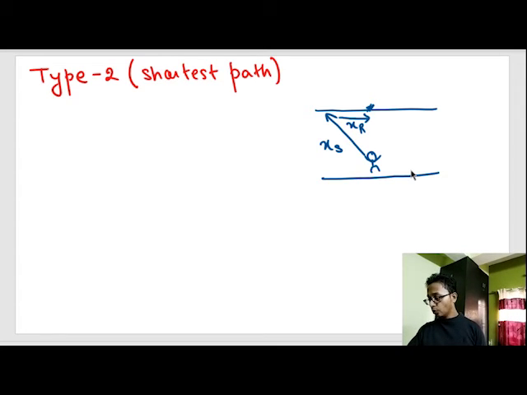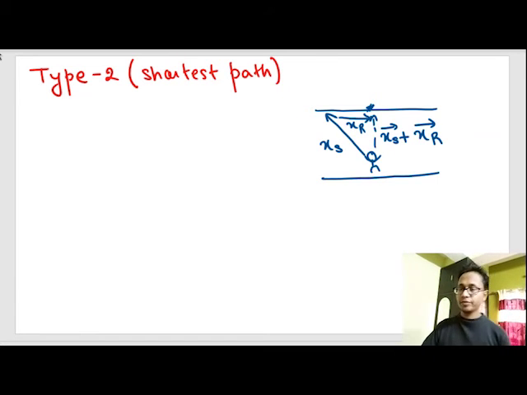So the total displacement of the swimmer as observed by a person sitting on the bank is a straight line. Remember, this straight line is the resultant of xs plus xr, the displacement of swimmer plus the displacement due to river.